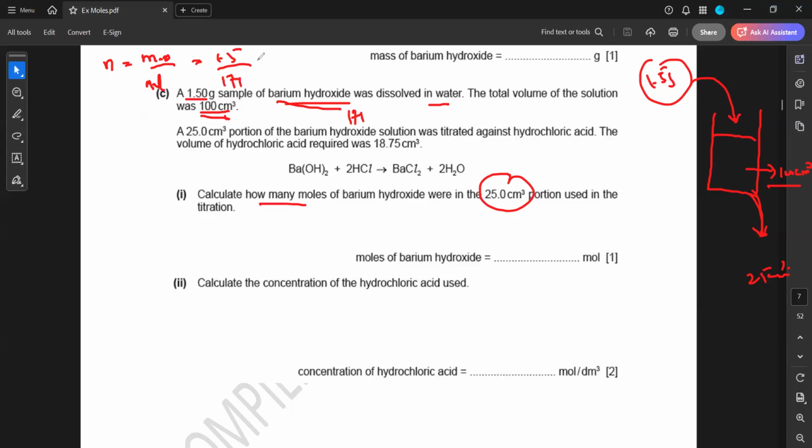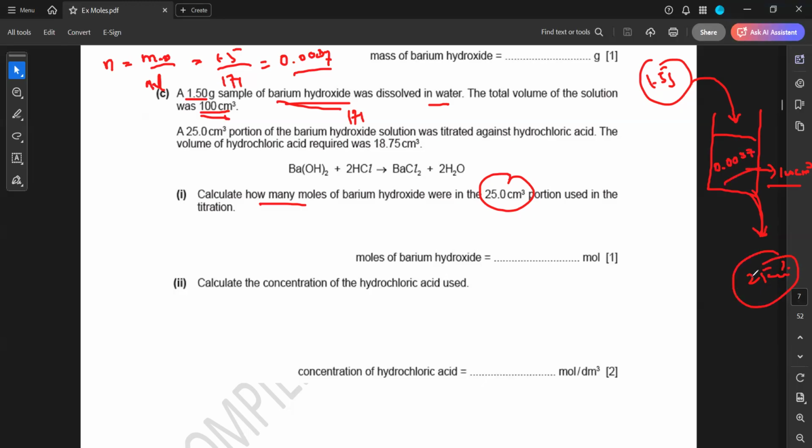So 1.5 divided by 171 gives us the moles, that is 0.0087. In the 100 cm cube portion, it was 0.0087 moles.